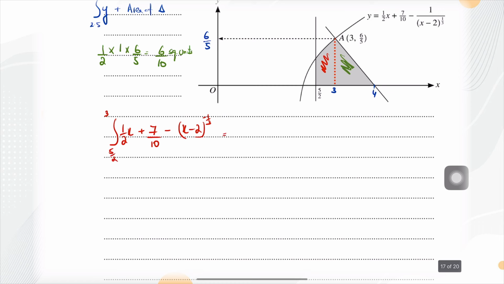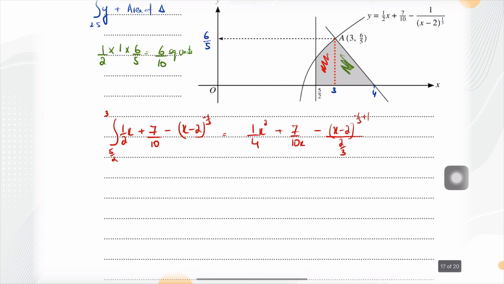The integral of half x will be half x square divided by 2, so might as well just write it as 1 upon 4 x square, to save some time. So 1 upon 4 x square plus 7 upon 10 x. And this, if you integrate, you get (x minus 2) to the power minus 1 upon 3 plus 1. Minus 1 upon 3 plus 1 is 2 upon 3. Let me just double check. Minus 1 divided by 3 plus 1 is 2 upon 3.